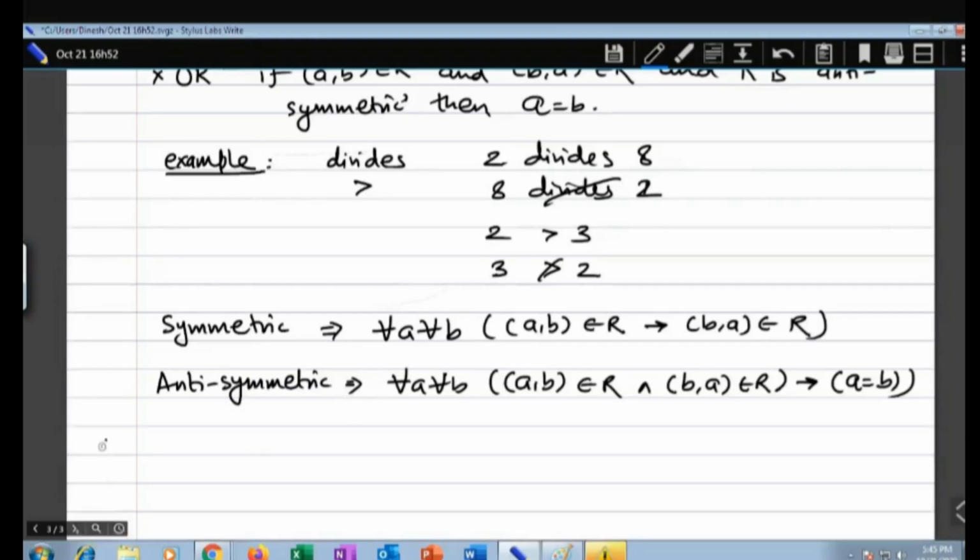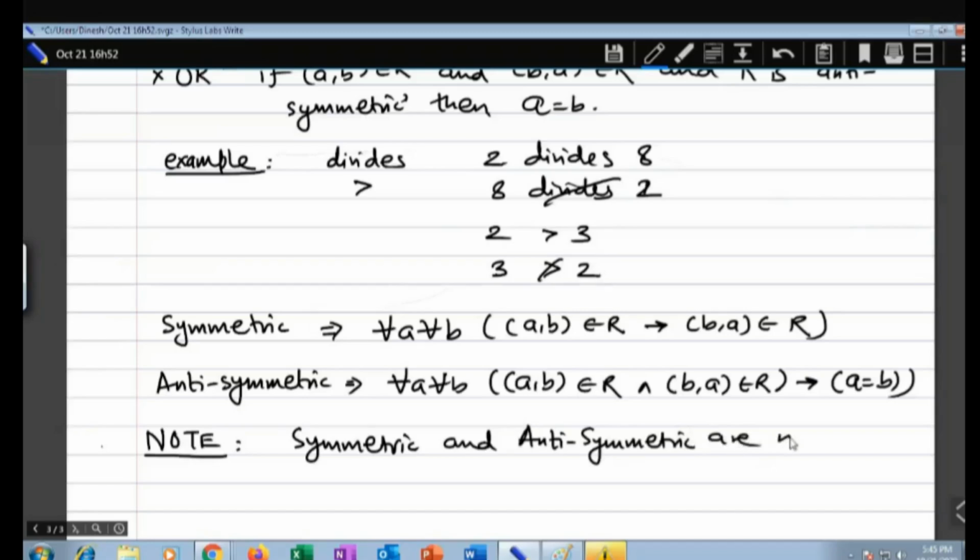And a very important thing, note that symmetric and antisymmetric are not opposites. So you cannot say symmetric versus antisymmetric.